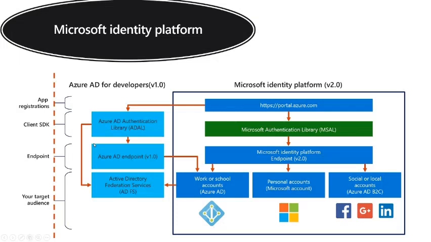So, with Azure Active Directory v1, you could authenticate using ADAL and using your work or school accounts only. But with Microsoft Identity Platform, you can authenticate using your personal accounts, your social or local accounts, and then you are authenticated, and simply you have the final token, the access token.